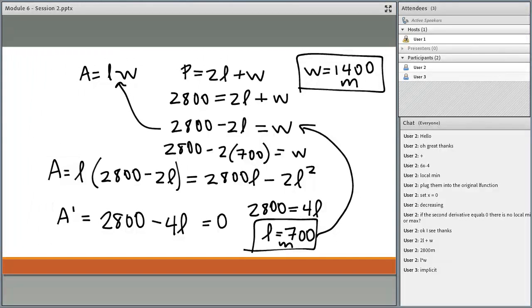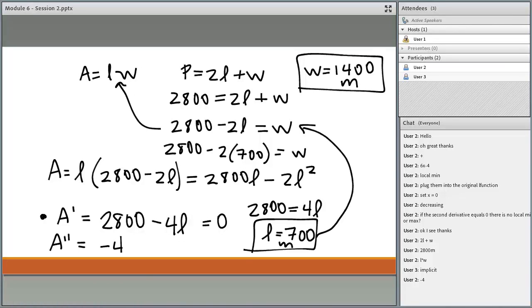In fact, a maximum. What would be an easy way to do this? Well, we have the first derivative, 2800 minus 4L. If we found the second derivative, what would that be? Good.